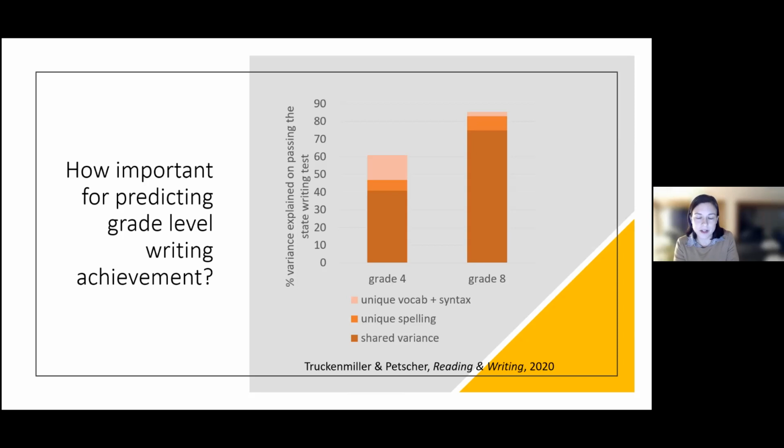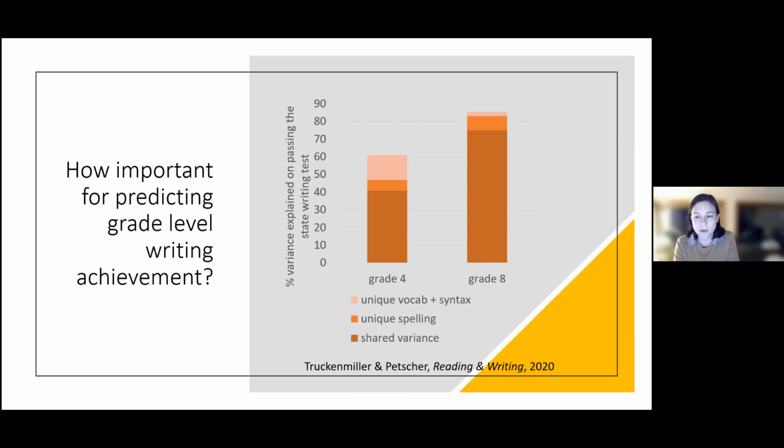So those grade levels are grades 4 and 8, end of elementary, end of middle school. And we find that at the end of elementary and at the end of middle school, throughout that time frame, syntax and vocabulary are very important for ensuring that students will pass the writing state assessment.